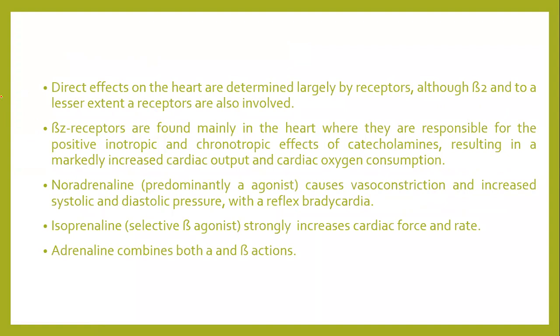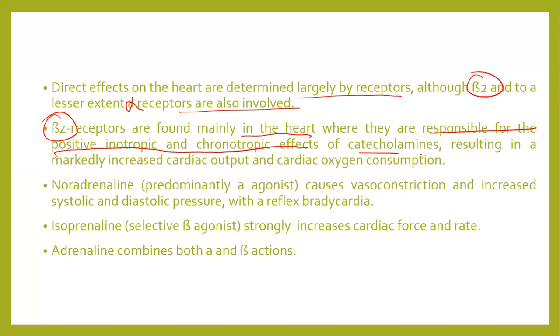Now next are the direct effects on the heart. They are determined largely by the beta receptors, although beta 2 and to a lesser extent alpha receptors are also involved. Beta 1 receptors are found mainly in the heart, where they are responsible for the positive inotropic and chronotropic effects of catecholamines.